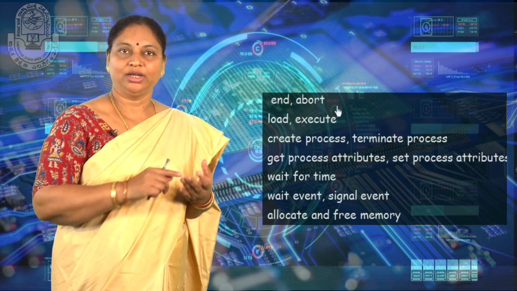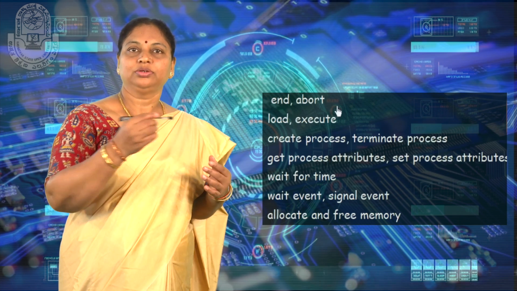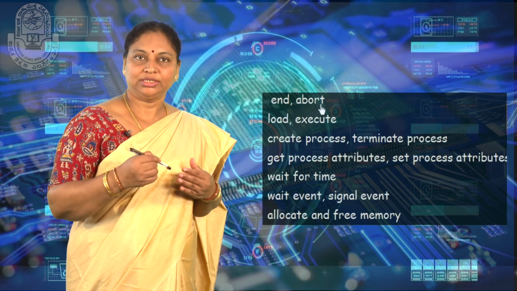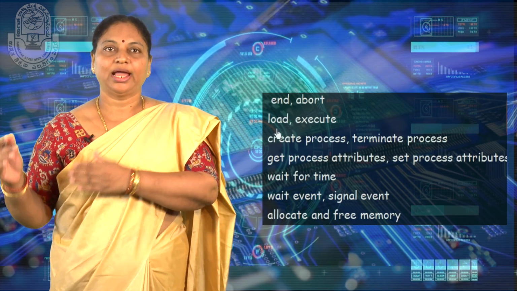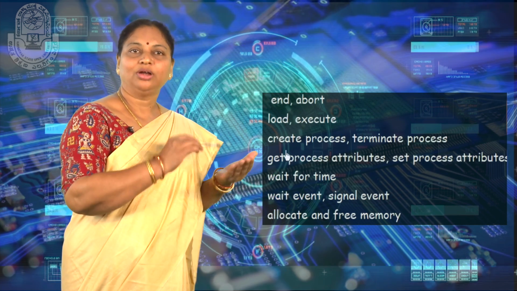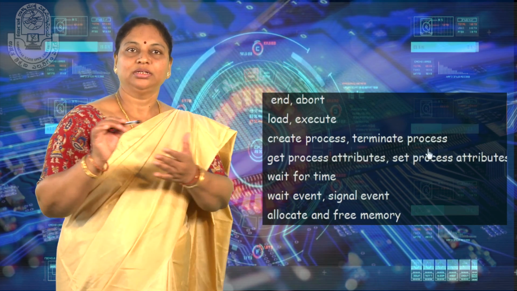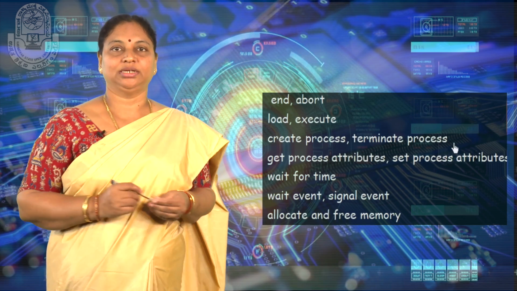Coming to end and abort, say a program is running, so it needs to execute, and the execution should come to an end, either normal end or abnormal end. Normal end is nothing but end, so for that the end system call will be generated.